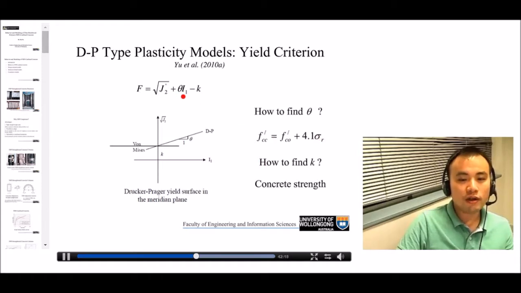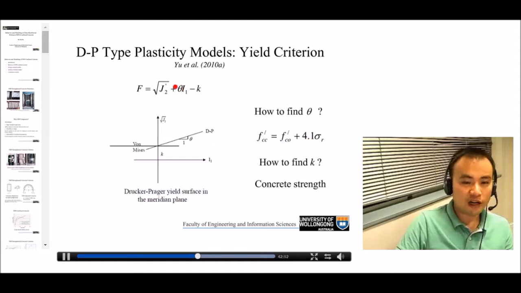And at the same time, I1 is also a combination of these two stresses. So you can imagine that we can find this theta from this factor of this linear function, 4.1. This is also what most studies have done. If you want to know more details, you can refer to my paper published in 2010. But basically, the idea is we find this theta from this factor, 4.1.